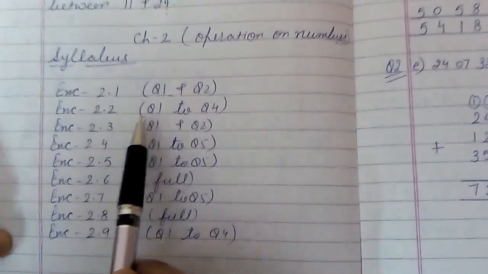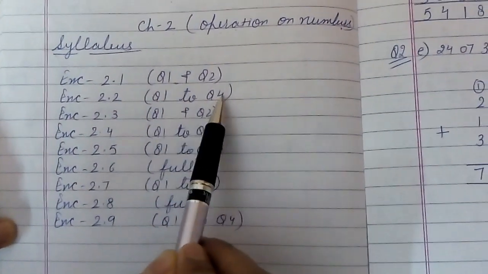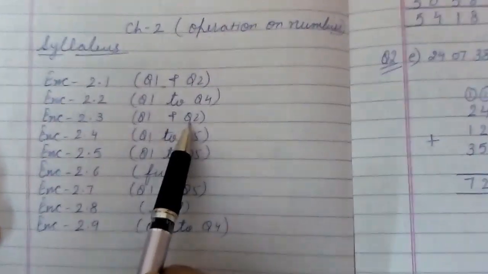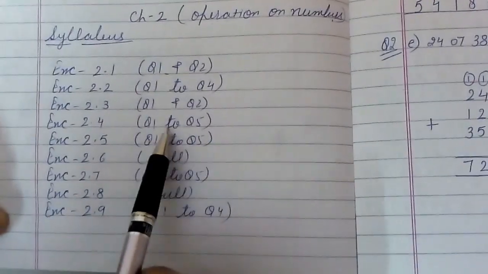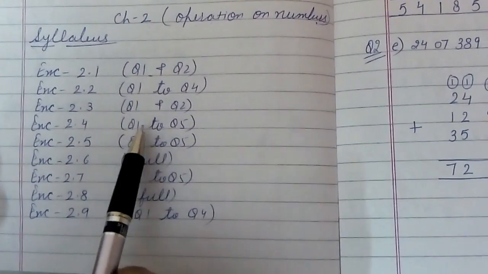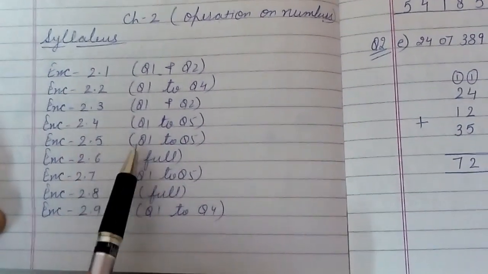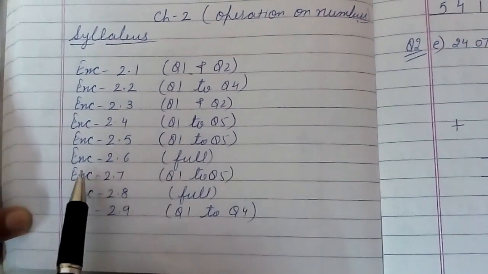Exercise 2.2, question number 1 to 4, means question number 1, 2, 3 and 4. Exercise 2.3, question number 1 and 2 only. Exercise 2.4, question number 1 to 5, means it includes 1, 2, 3, 4 and 5th question. Exercise 2.5, again question number 1 to question number 5.